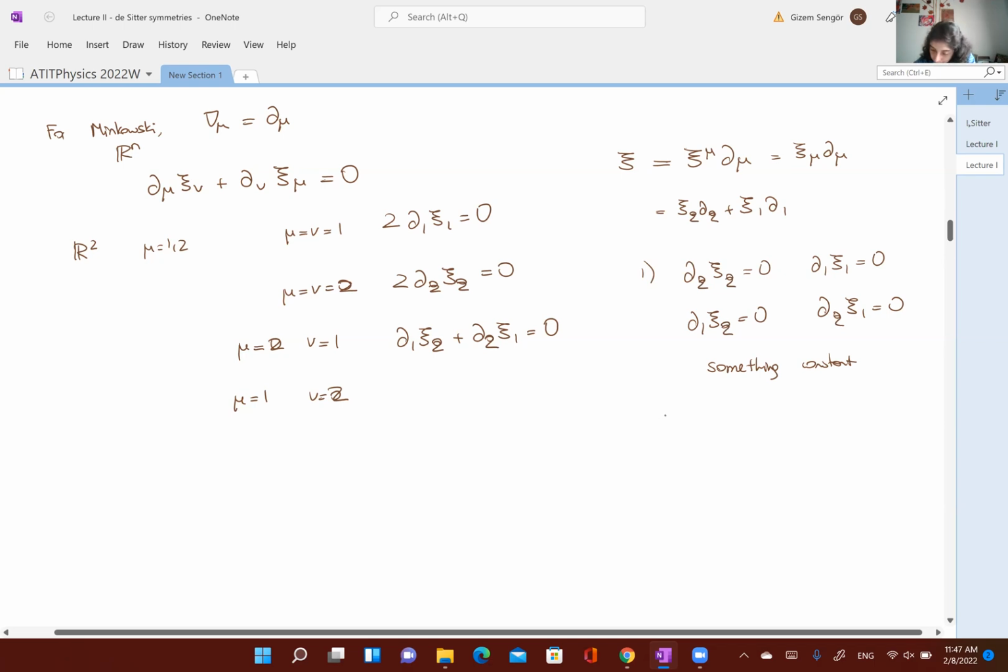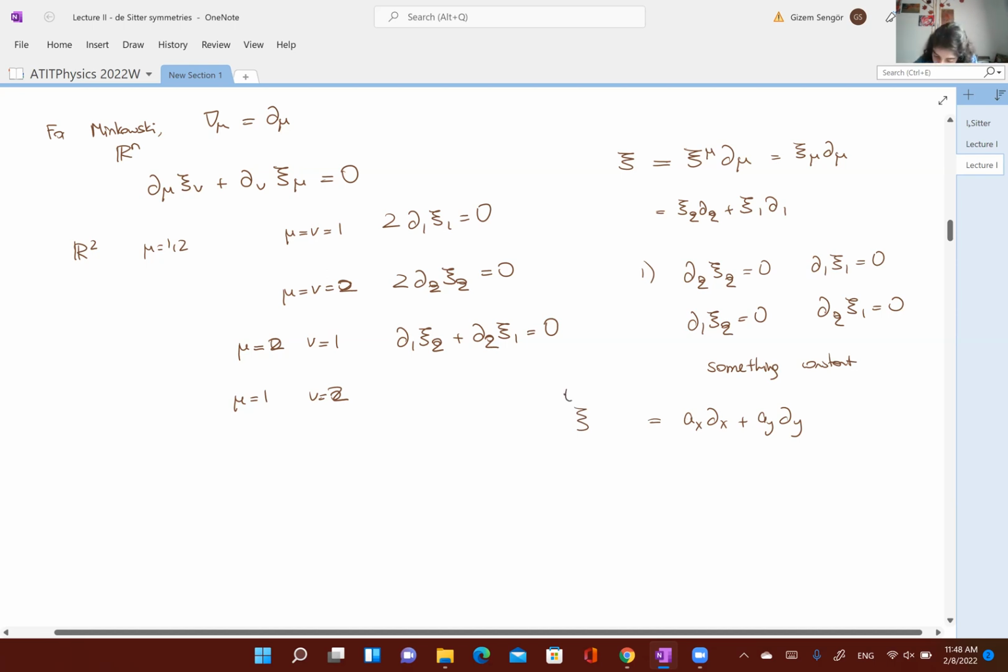So this is a vector like ax del x, ay del y. This is one Killing vector. And notice that this is just shifting everything by a constant amount.